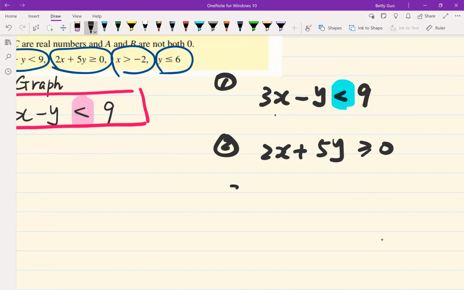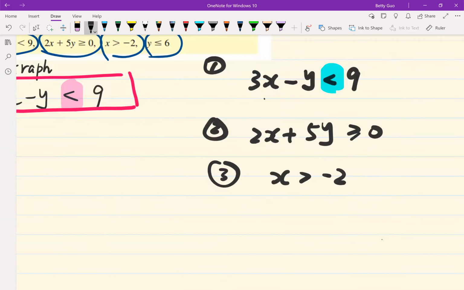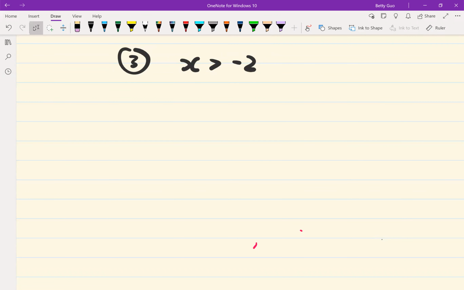Number 3, the inequality x is bigger than -2. Determine if this inequality is a linear inequality in two variables. Use the trick. We change the inequality symbol to equal, and we have the equation x equals -2. Does x equals -2 represent a straight line in the rectangular coordinate system?